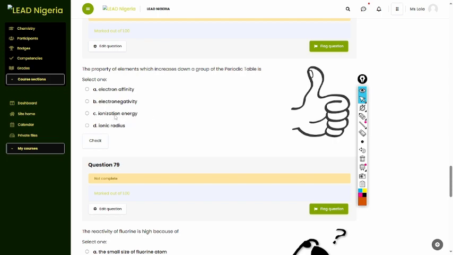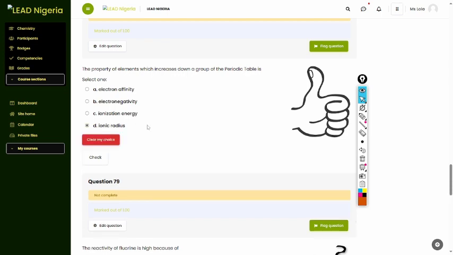Ionization energy, which is the energy required to remove the loosely bound electron in the outermost shell of an atom, increases across the period and decreases down the group. So the ionic radius, which is the distance from the center of an ion to the last shell, also takes the same trend as atomic radius, and it decreases across the period and increases down the group. So the correct answer is D.